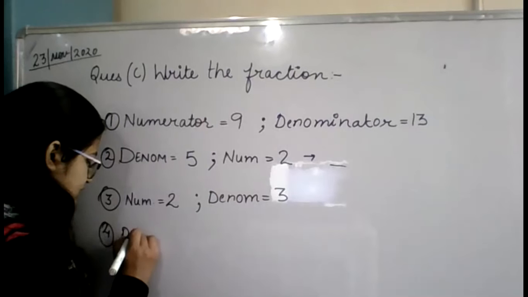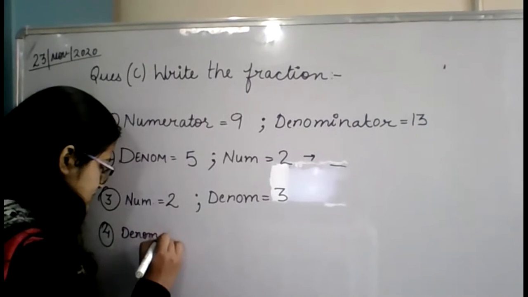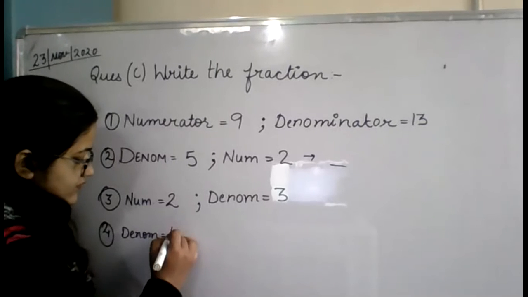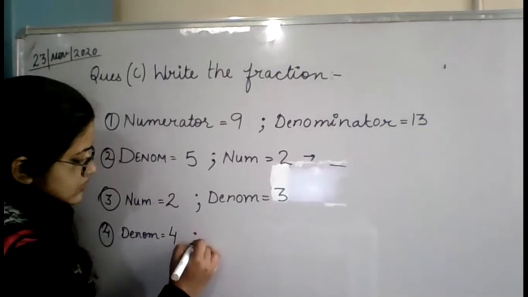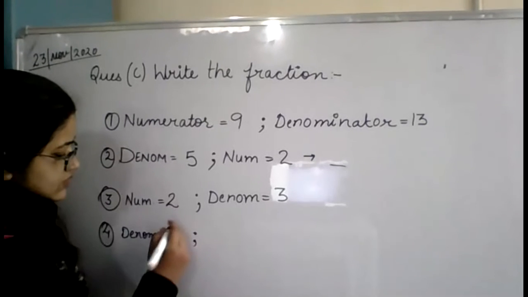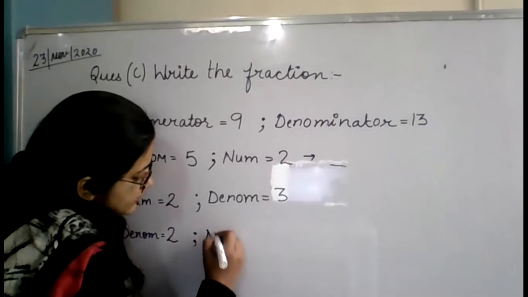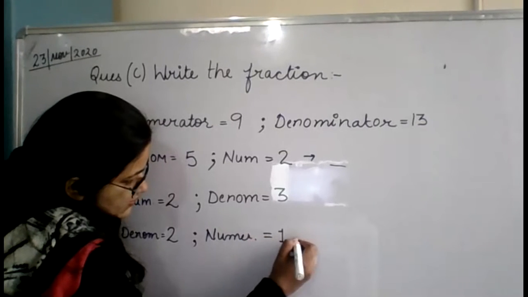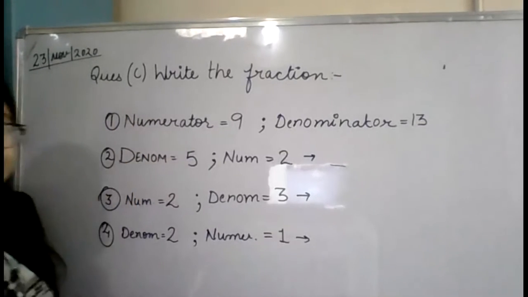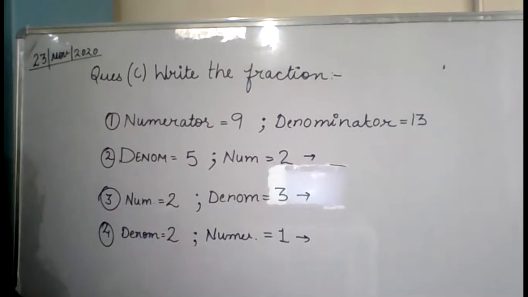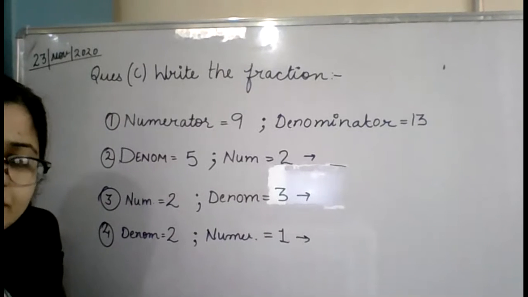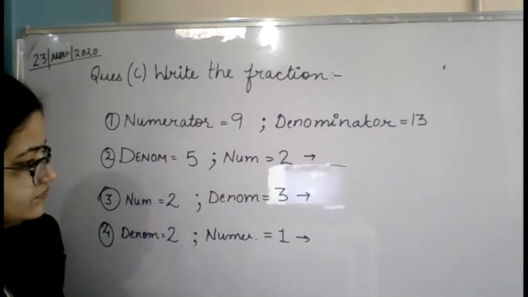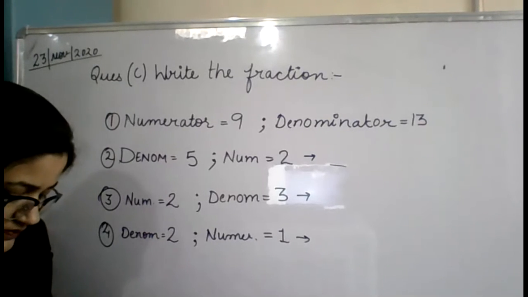Fourth, denominator is equal to 2 and numerator is equal to 1. Write down the answers here. It's all your wish how you want to write it down.